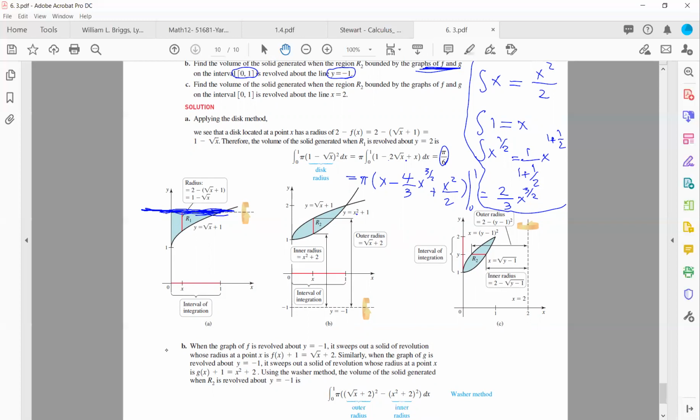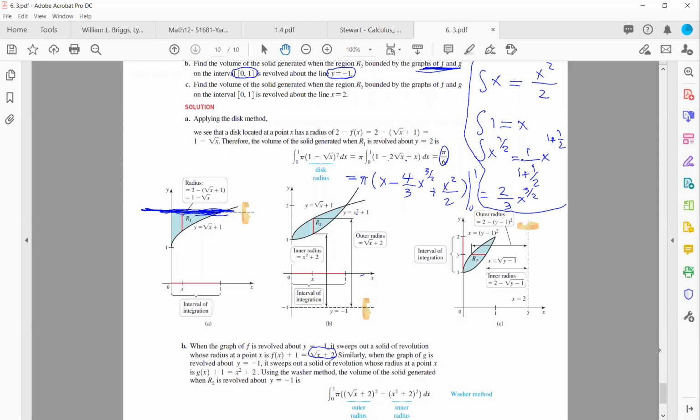So you're actually shifting these functions. Upper function, square root of x plus 1, a shift, minus -1 gives you square root of x plus 2.